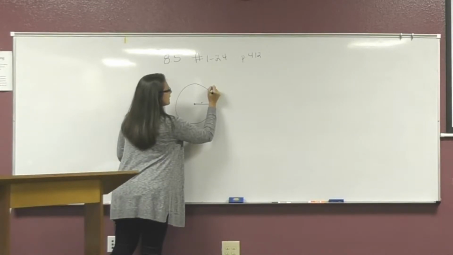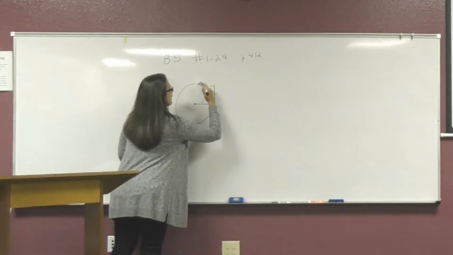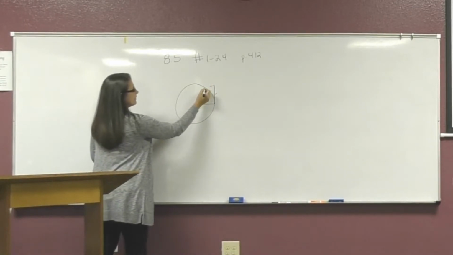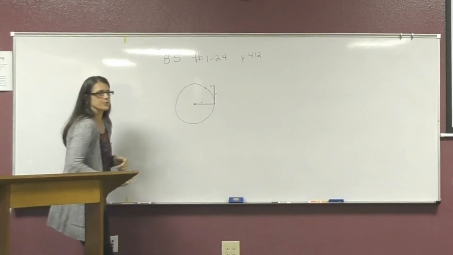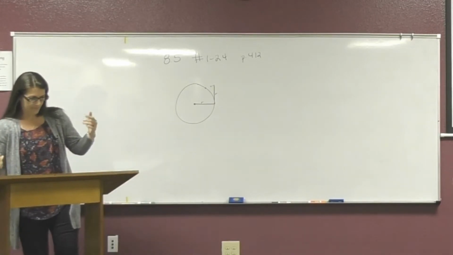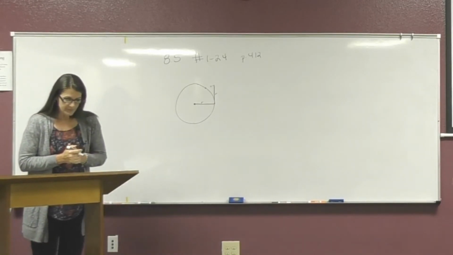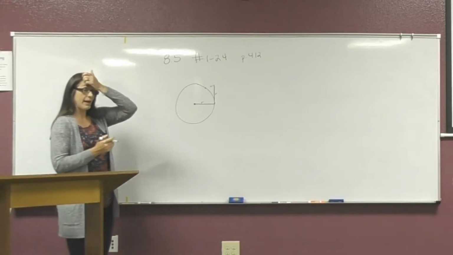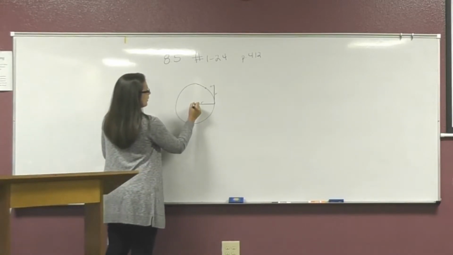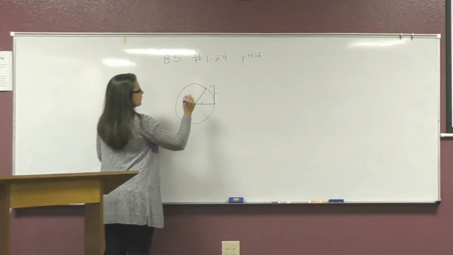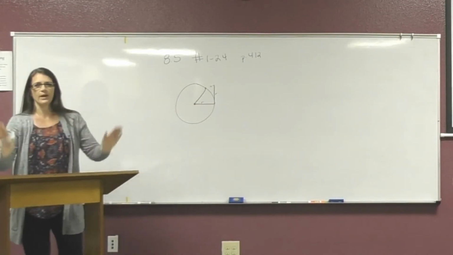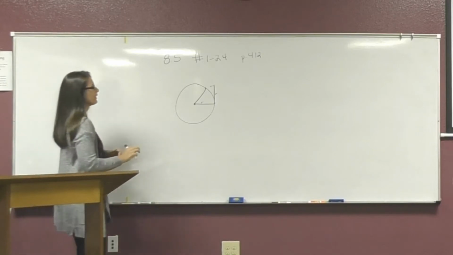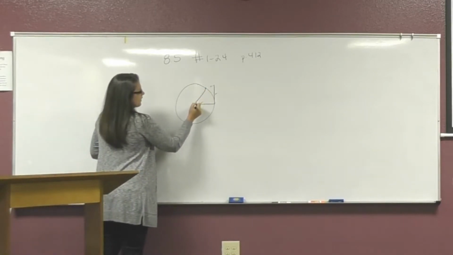Let's just pretend that it hits right there. And then we extend another radius, okay? We know that all radii of the same circle are congruent.